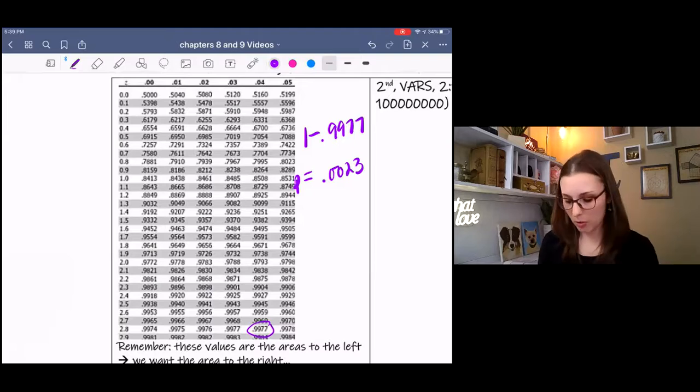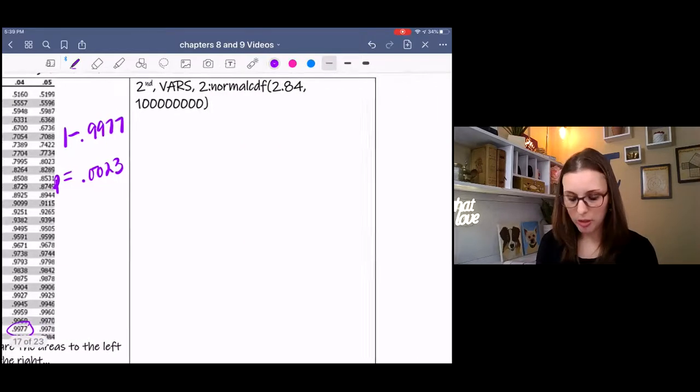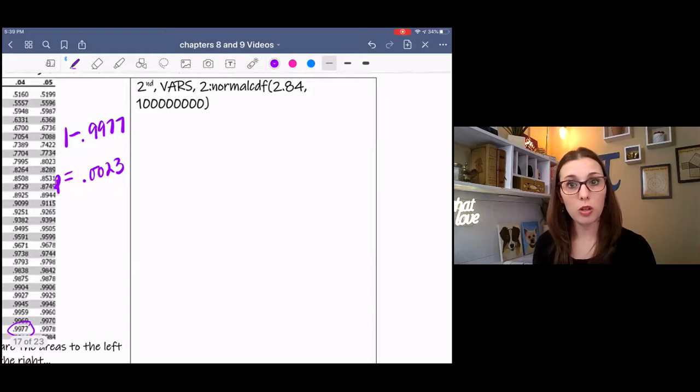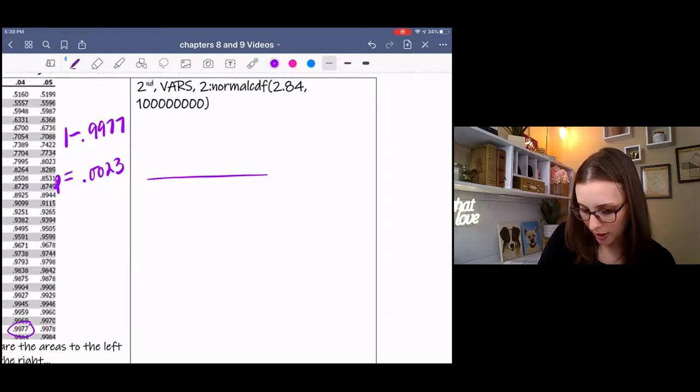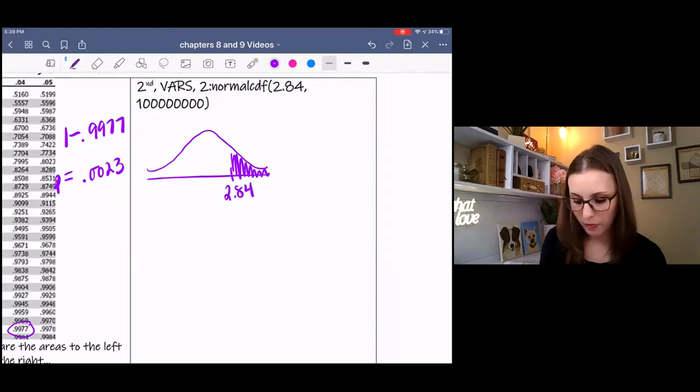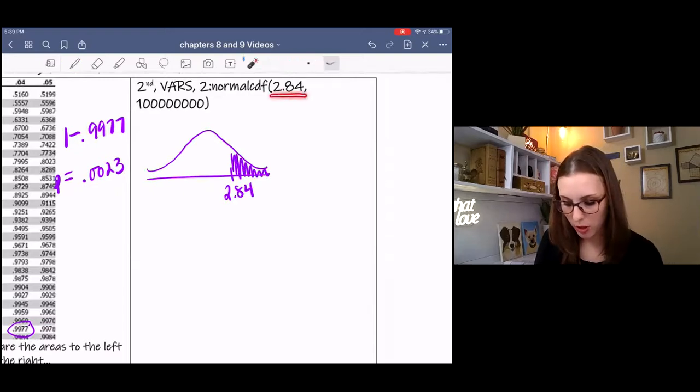Or if you don't have a z-table, you can use your calculator, and you can input what region you're looking for. It is a right-tailed test, and the z-score is 2.84, so we're looking for the area from 2.84 to infinity.